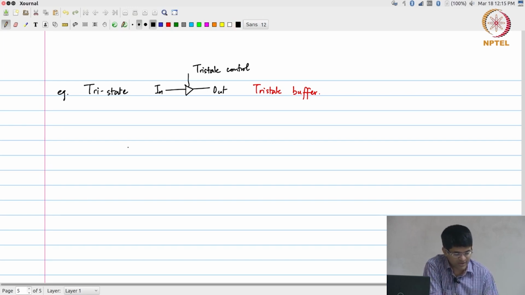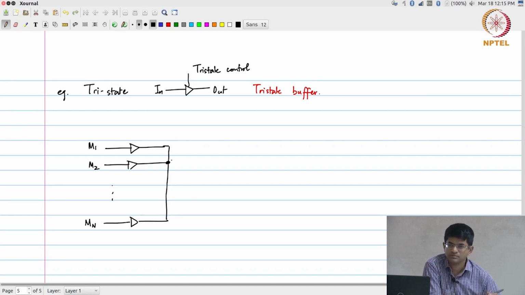What I can do with those is, I can then say I will take the output from M1, take the output from M2 up to Mn, and what do I do with these wires? I simply short all of them together, right.